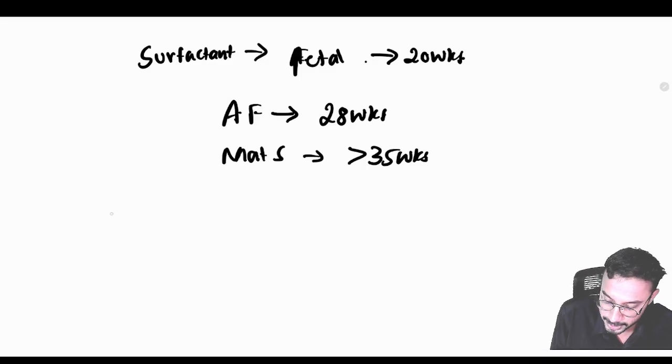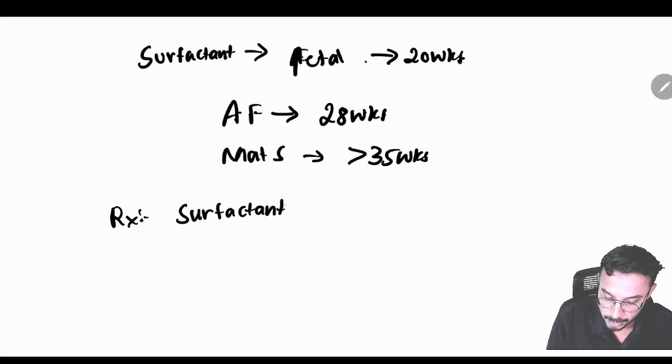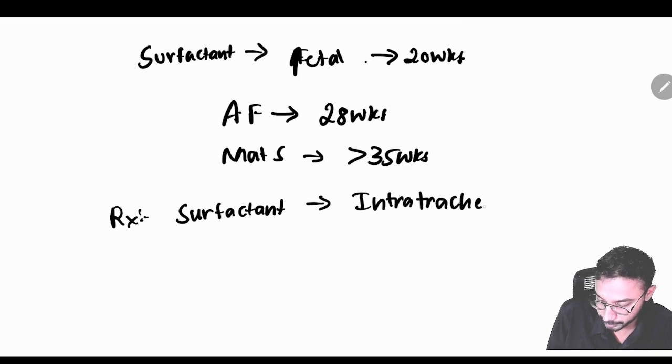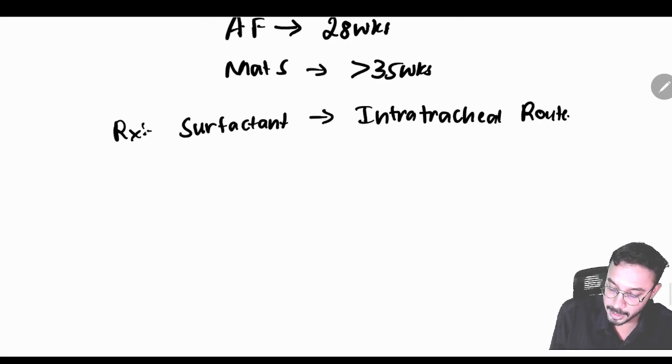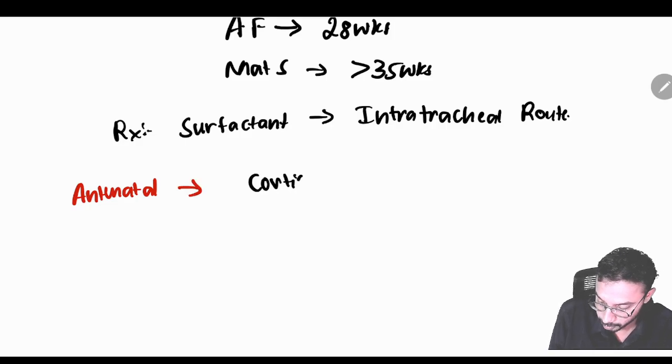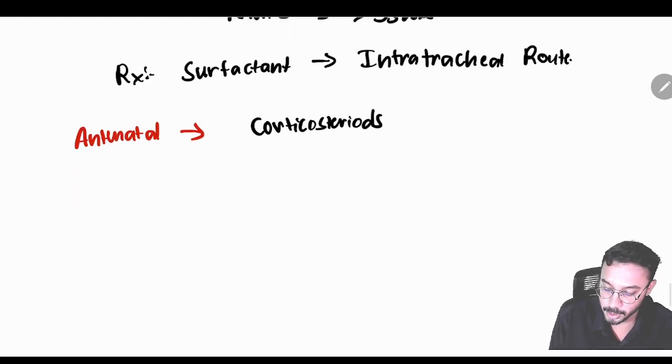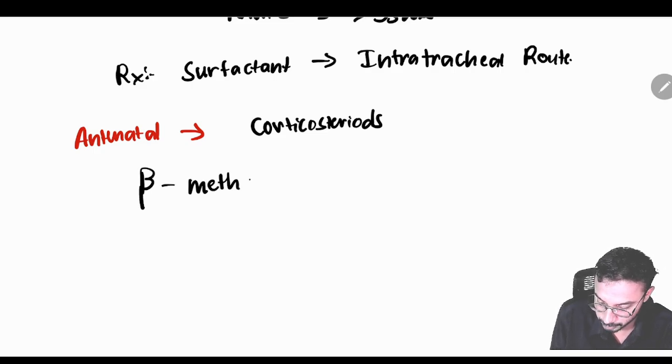So what is the treatment? Give surfactant to the child. By what route will you give the surfactant? By the intratracheal route. This is the best. And in the antenatal period, you should give corticosteroids to the mother. There are two types of corticosteroid, betamethasone and dexamethasone.